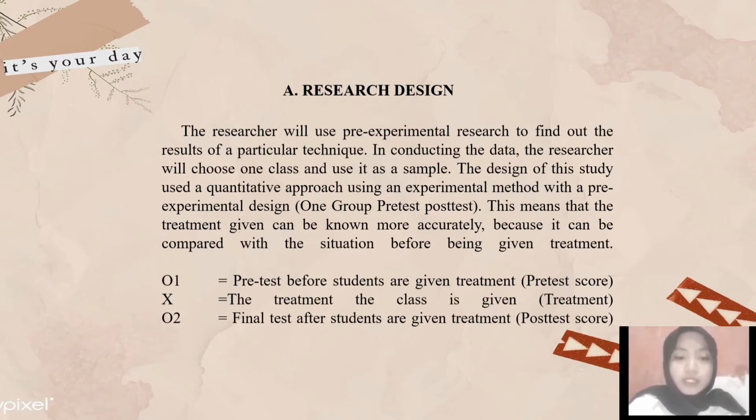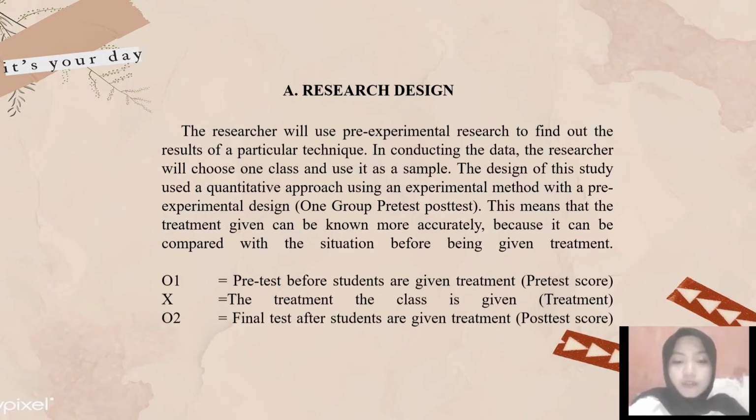The thing being tested is the difference between post-test and pretest. If there is a difference where the post-test is greater than the pretest, then the treatment has a positive effect on increasing children's creativity.